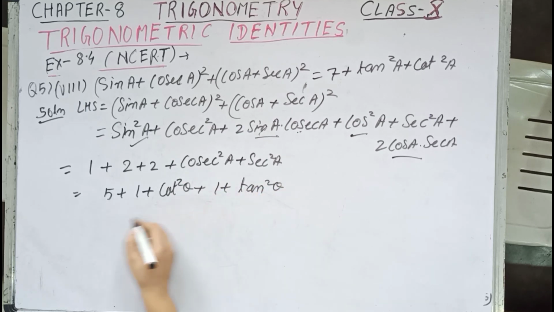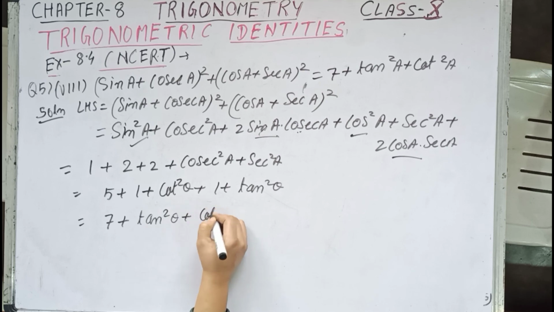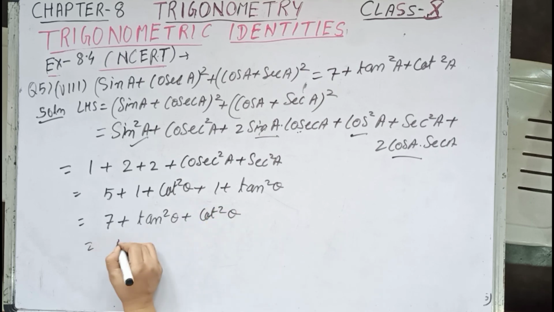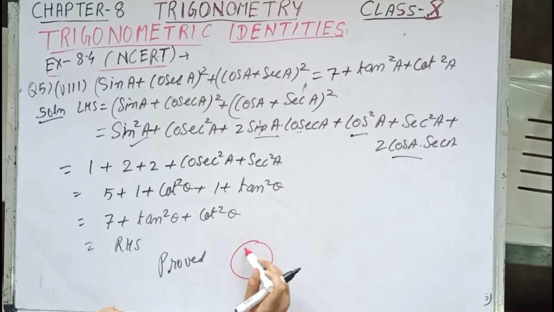Now 5, 6 and 7. So this will be equal to 7 plus tan square theta plus cot square theta, and this is equals to RHS, and this is proved. And where is your happy face? This is your happy face if you have done by your own.